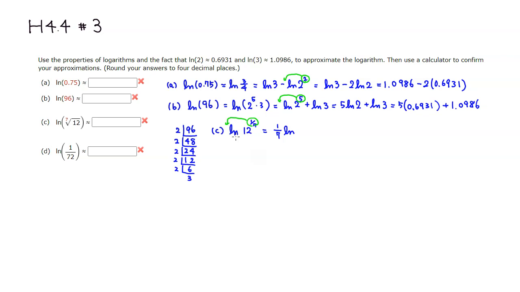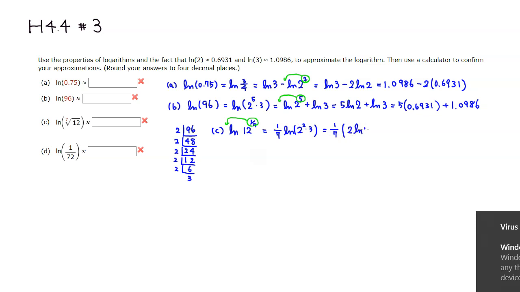But what is 12? 4 times 3, so it's 2 times 2 times 3. So this is 2 squared times 3. So this is going to be 1/7. We've done this before, so you have addition and power. We can write it as a 2 in front, the natural log of 2, then you add the natural log of 3.